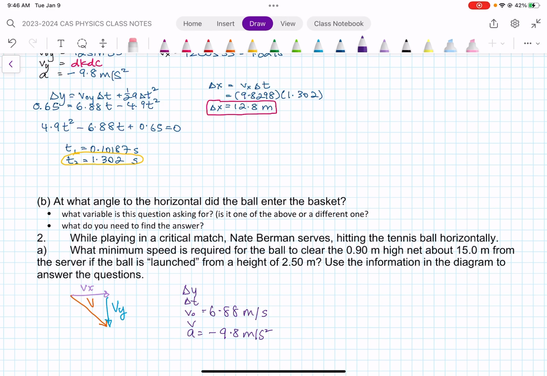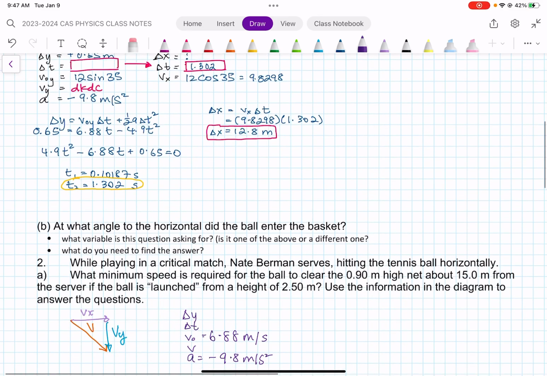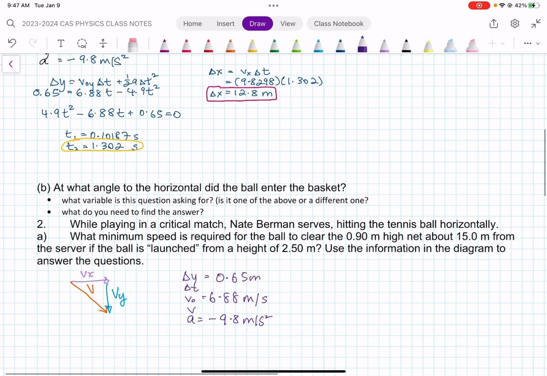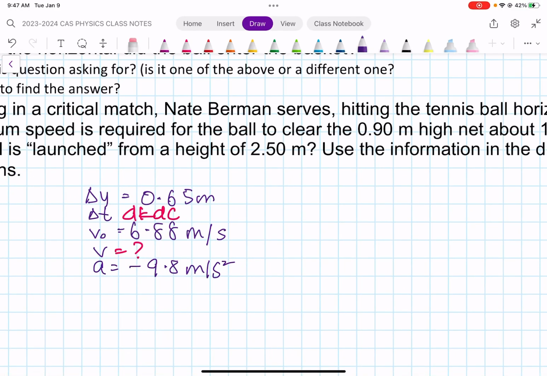The final velocity, now in this case, if you think about this, we know how far it went, and we know the distance, so we can still use 0.65 meters, but now my time is the don't know, don't care, and this is my I want to know. So the equation without t is vy squared equals v0y squared plus 2a delta y.